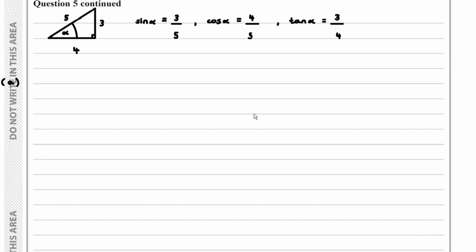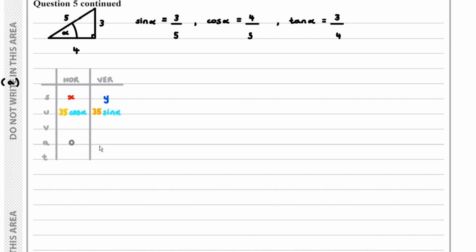For part A, we need to use the SUVAT equations horizontally and vertically. Horizontally, s is equal to x, vertically, s is equal to y. Horizontally, u is equal to 35 cos alpha. Vertically, u is equal to 35 sine alpha.